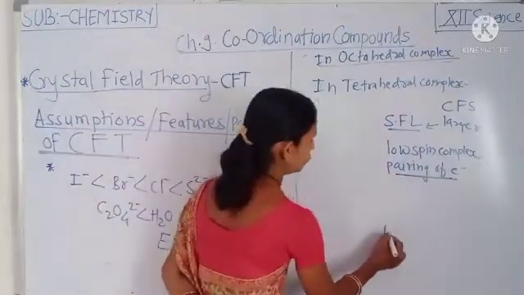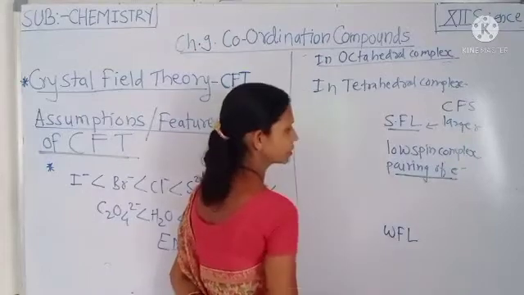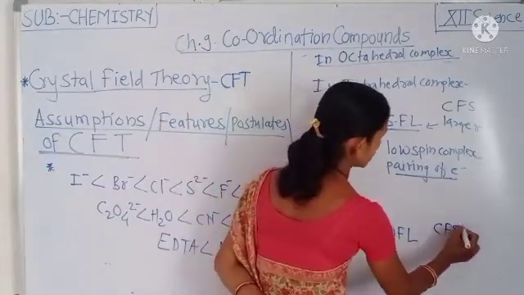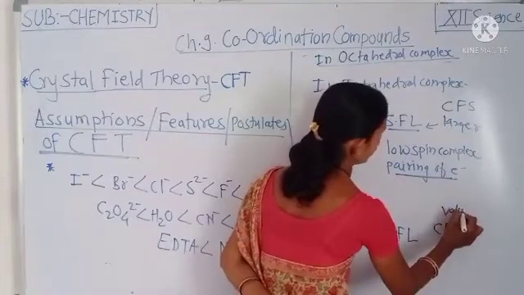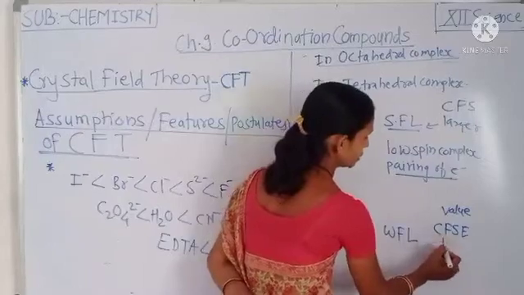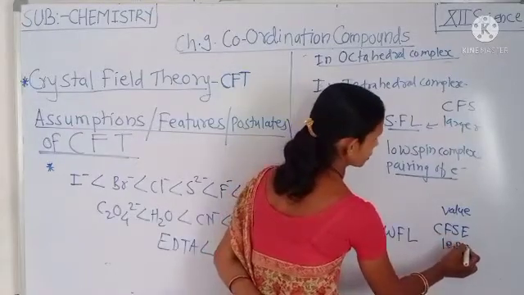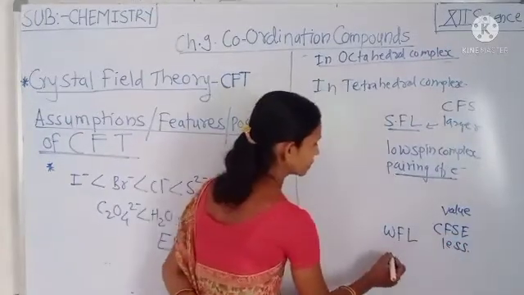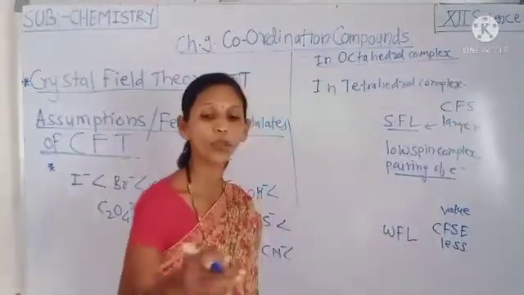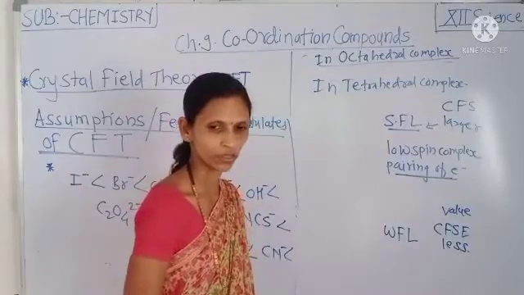While when weak field ligands approach a central metal ion, the value of CFSE, that is the crystal field splitting energy, is less, and that energy is not sufficient for pairing the electrons.